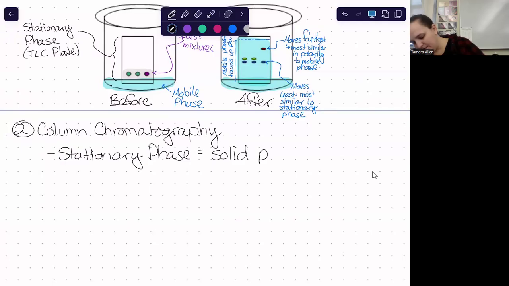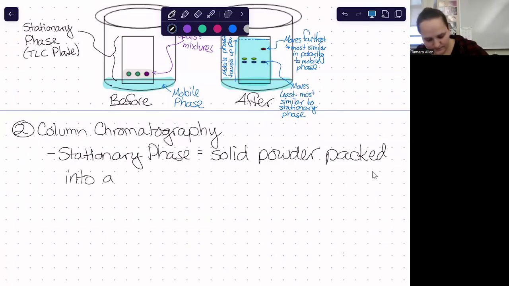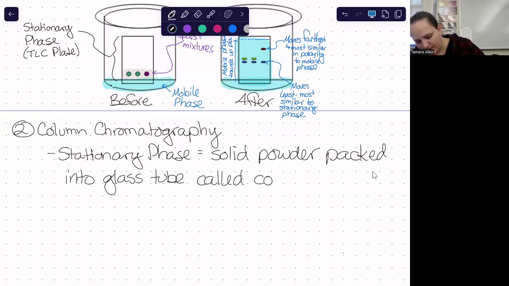But instead of having it just as a surface on a flat plate, it is packed into a glass tube which is called the column, hence the name. Our mobile phase is still a liquid.